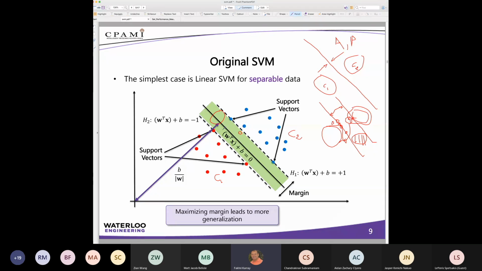Even in this particular region, this class has its own boundary, and the margin has prevented us from assigning one class to the other. So as long as we maximize this margin, elements located here, from the blue, or the reds here, are not going to be looked at as elements of another class.